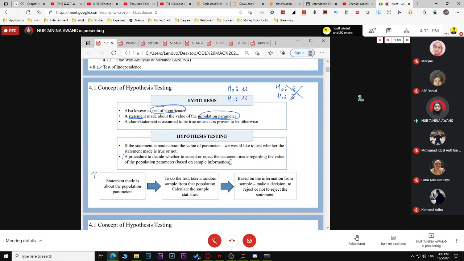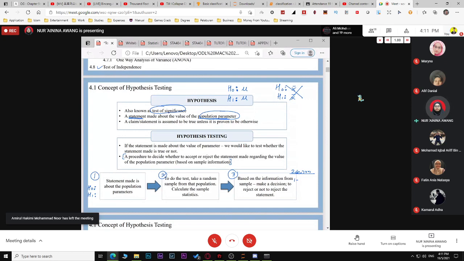The first one, we make a statement about the population parameter. You write your hypothesis. And then after that you take a random sample from the population, and you calculate the sample statistic. So you need to find a value to test whether this statement is true or not. And then based on the information from the sample, make a decision. For the decision, we only have 2 decisions.